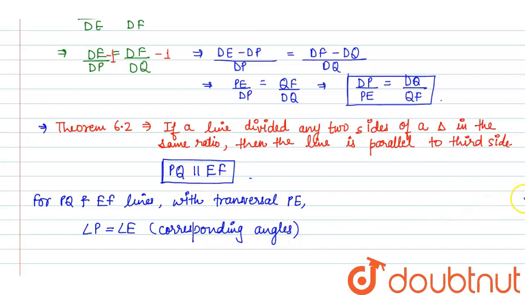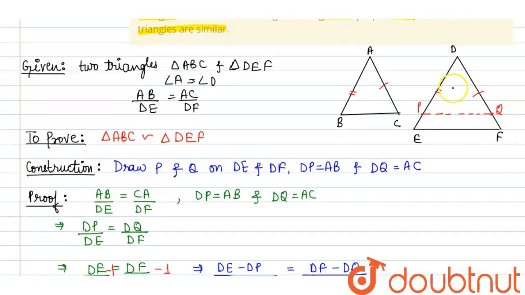Similarly, if these two lines are parallel and PE acts as transversal, we can say these two angles are equal because they are corresponding.